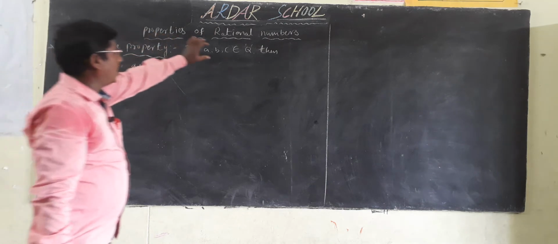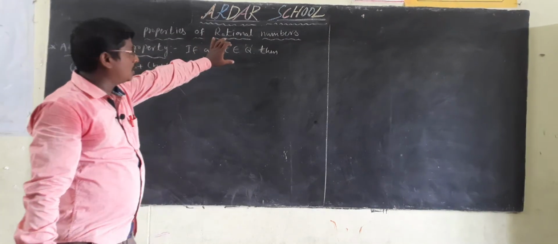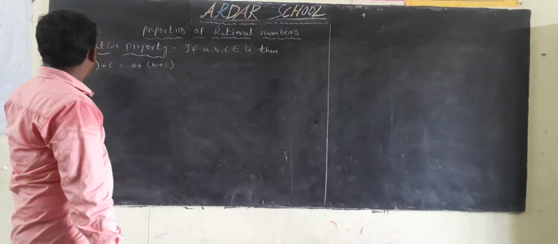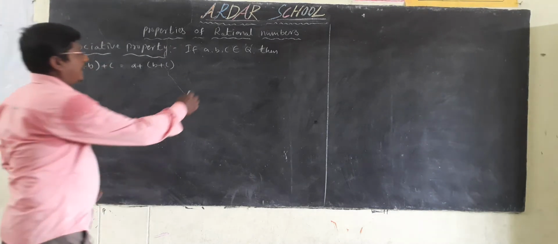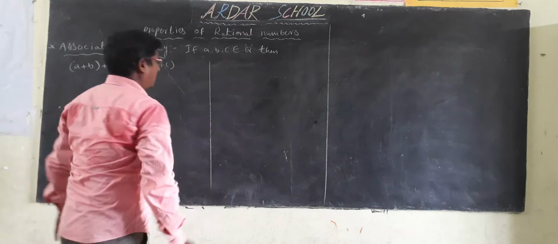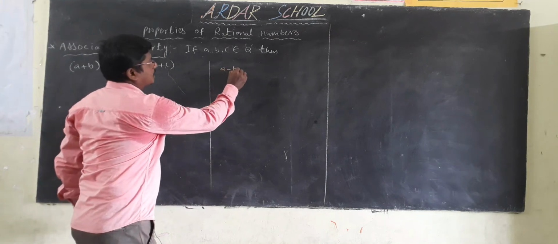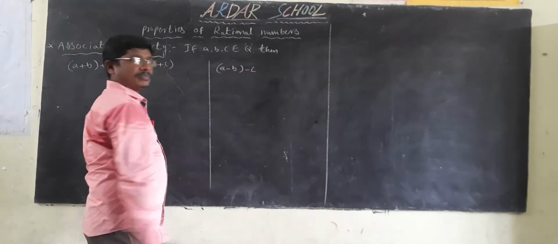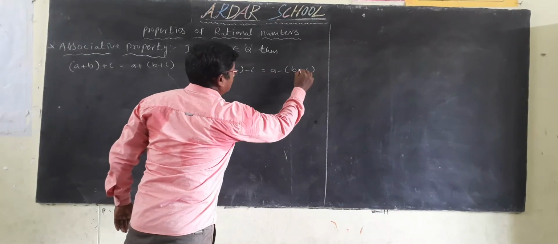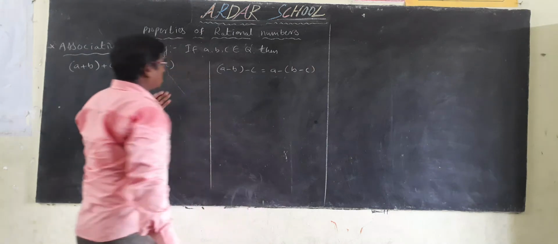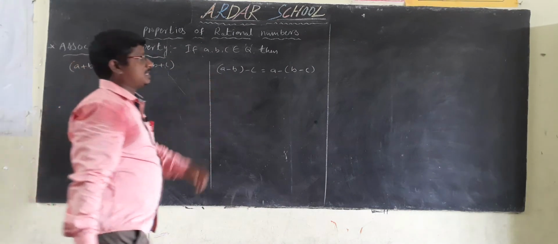If a, b, c belong to Q, rational numbers satisfy the associative property under addition. Next, subtraction. Under subtraction, (a - b) - c is equal to a - (b - c). This is the associative property under subtraction.